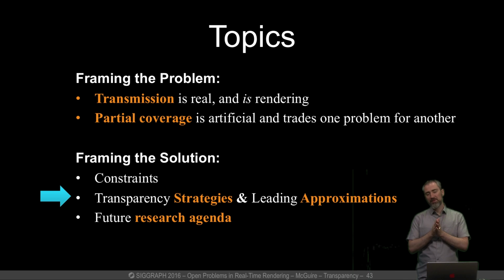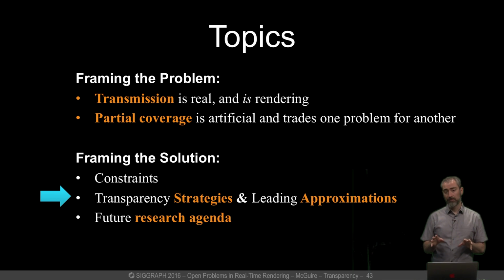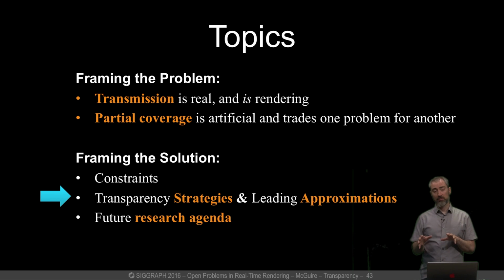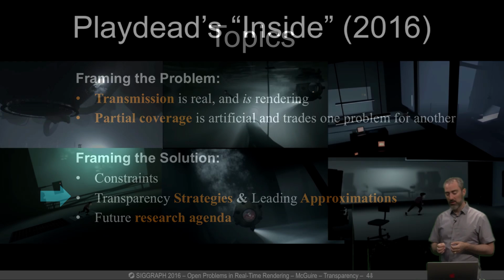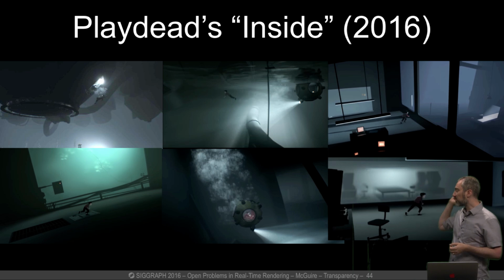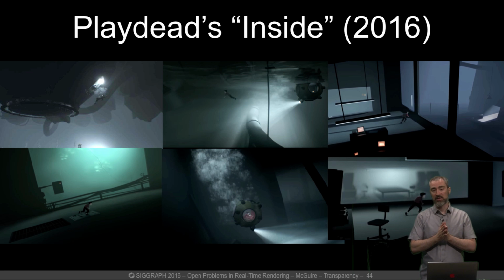Before I go into specific algorithms, I want to mention I'm not going to talk about the algorithms that produce the best images today. Game developers with great art direction and really clever programming tricks for specific platforms have created solutions that work really well in some cases for that specific game or scene. For example, Playdead's Inside has, I think, some of the best transparency rendering today.